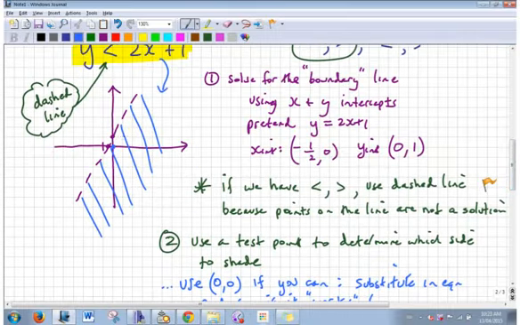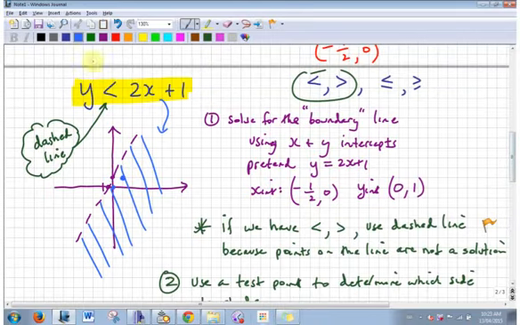Let's pick good old 1 and 1. Does it work? Is 1 less than 2 times 1 plus 1? Is 1 less than 3? Yeah. Let's try this point over here. Let's go crazy. 6 and 2. Is 2 less than 2 times 6 plus 1? Yes. Every point here satisfies, which means if I took that point over there, is it going to work?